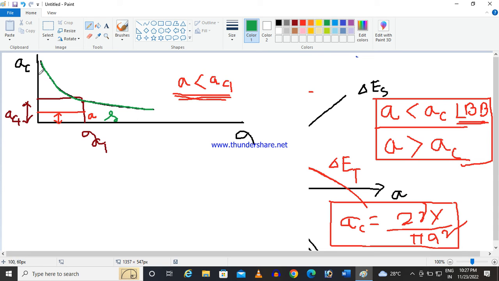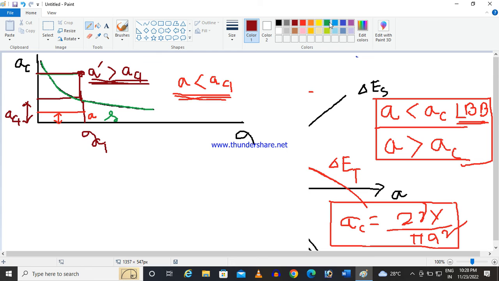But if your crack length is somewhere here, above the green curve, say this is A dot, which is greater than my AC1, then as per the Griffith's criteria, brittle fracture will take place.